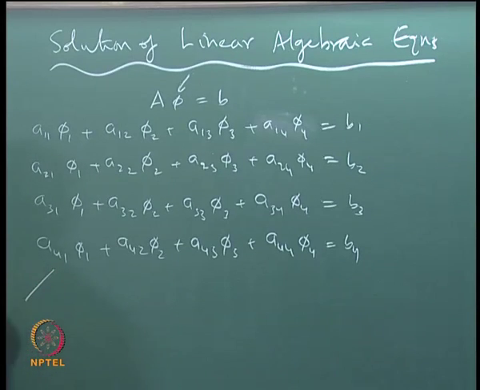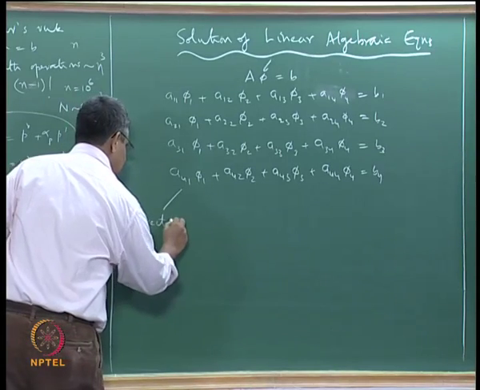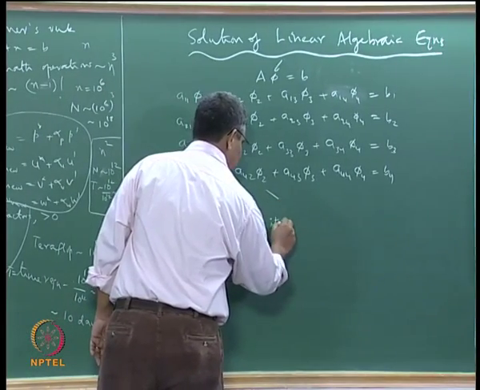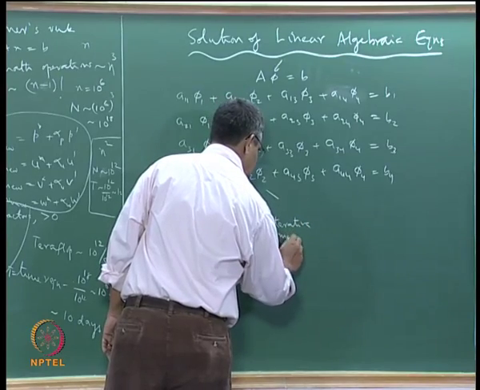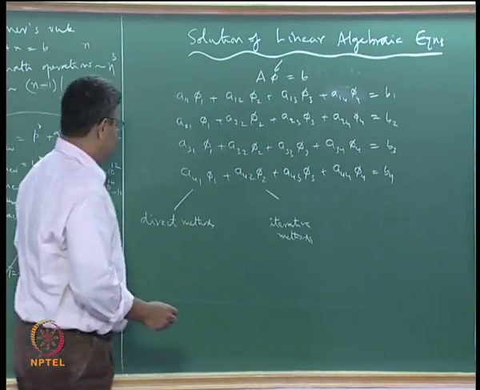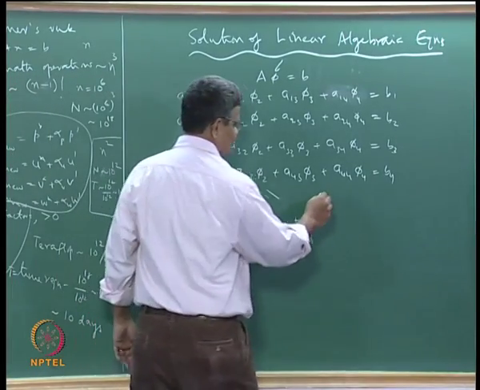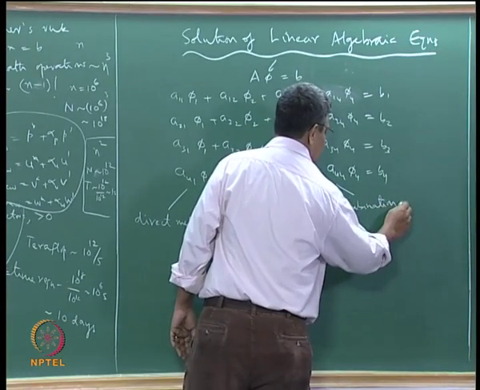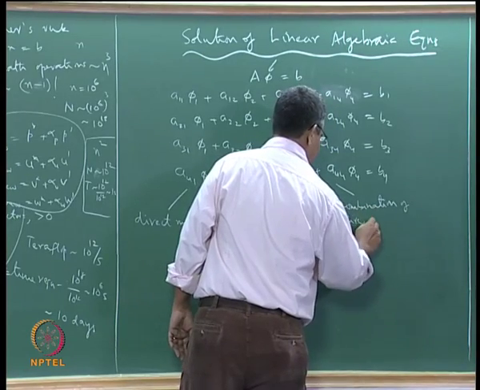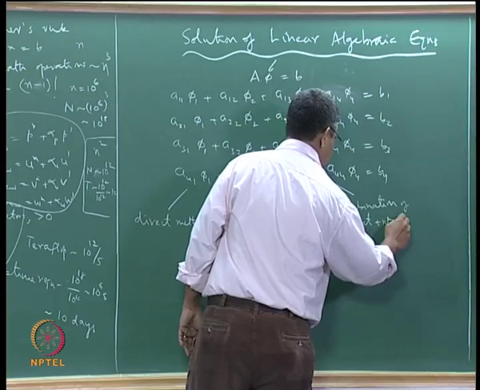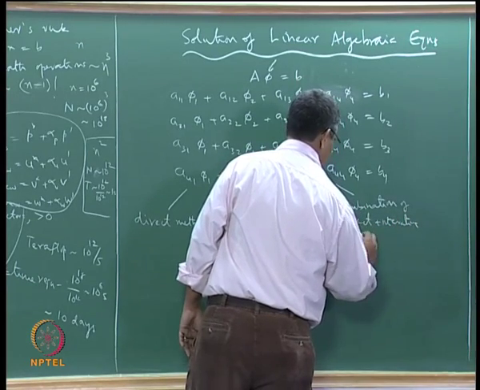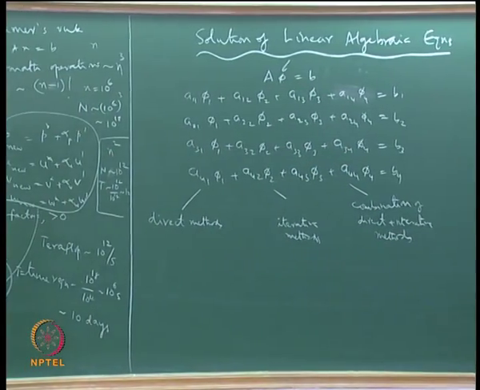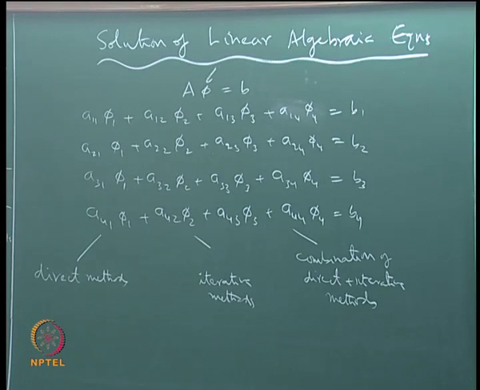One is that we can solve this using a direct method, and we can solve this using an iterative method, and as usual when you have two classifications, there is one more classification which is a combination of direct and iterative methods.